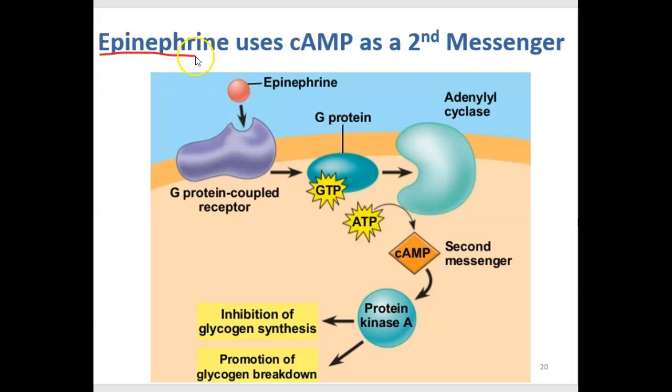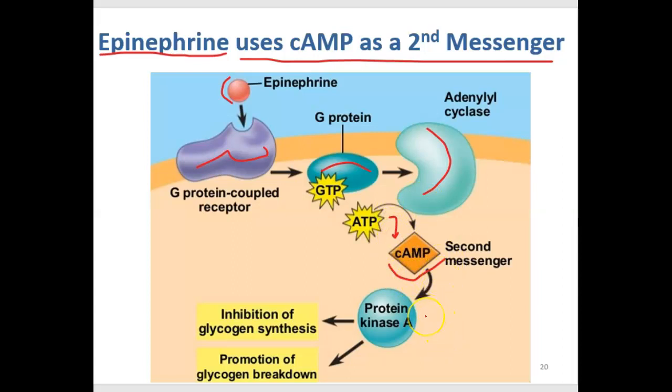So epinephrine is an amino acid hormone, and it uses cyclic AMP as a second messenger. So here we have the hormone epinephrine binding to its cell surface receptor. That activates the neighboring G protein, which activates adenylyl cyclase, and now we get our second messenger, cyclic AMP.